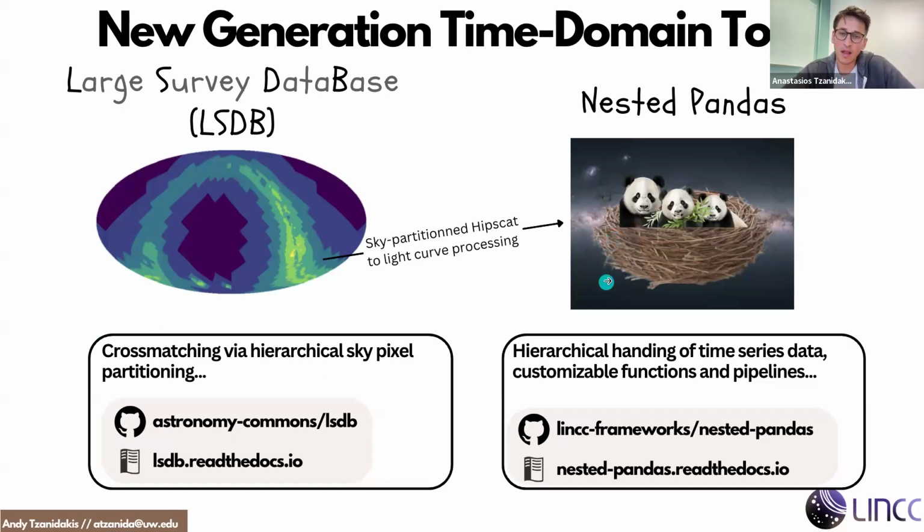And then the second tool was Nested Pandas, which basically is pandas data frames nested within each other, and we can treat each row as having an attribute of the time series data that we're dealing with. And so together with these two tools, we can do the sort of analysis that we're after.